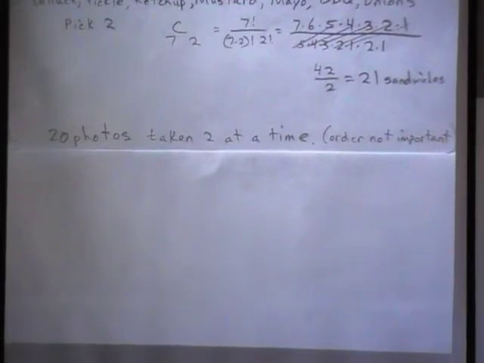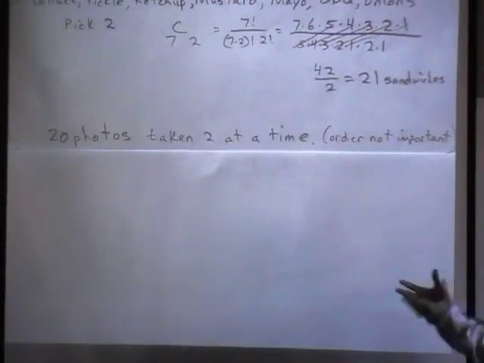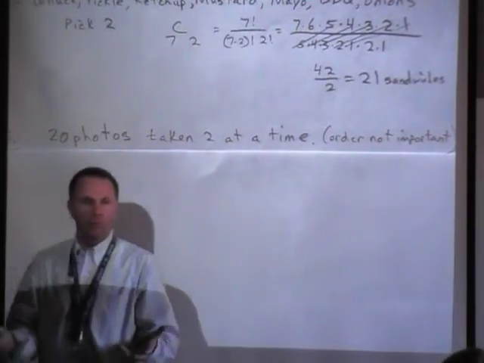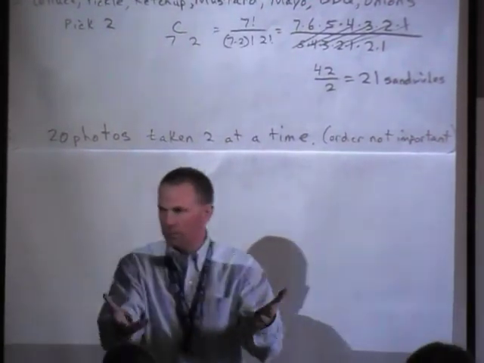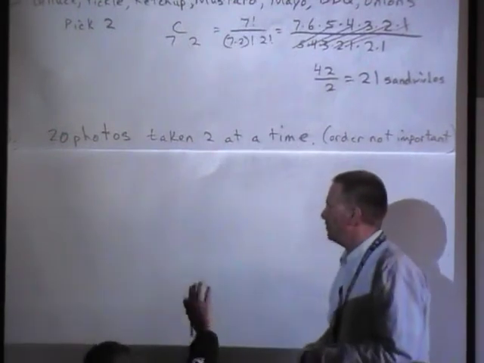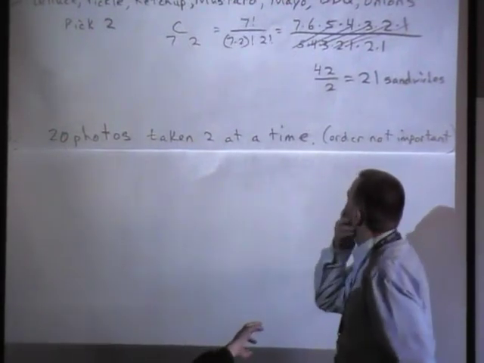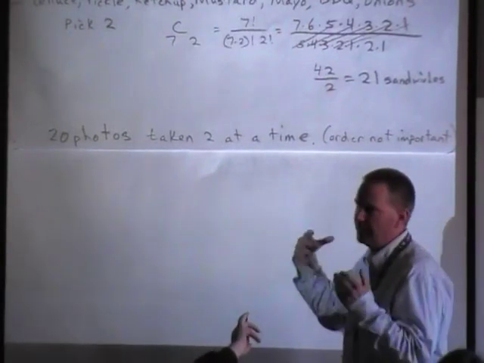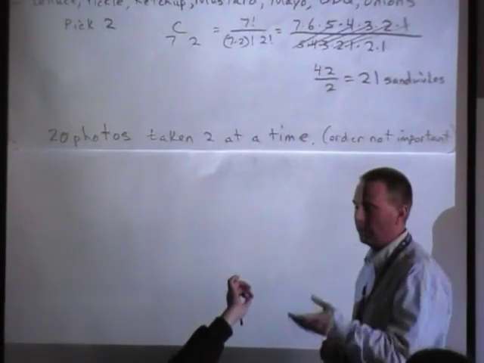Out of the 2 pictures you take, you don't care which one's first. You're just going to take 2 out of the 20 and put them into this special page. So you know that order's not important at that point. So how many different combinations are there?